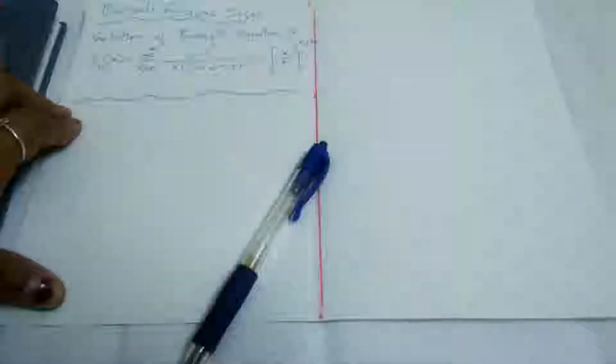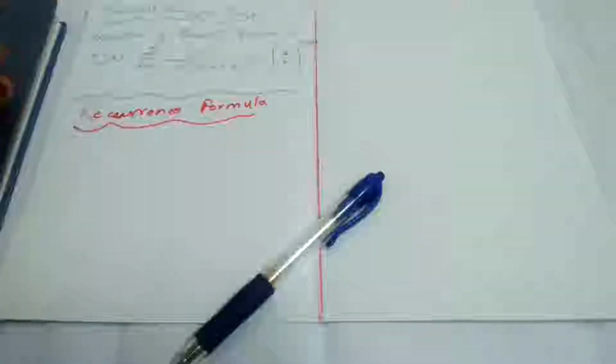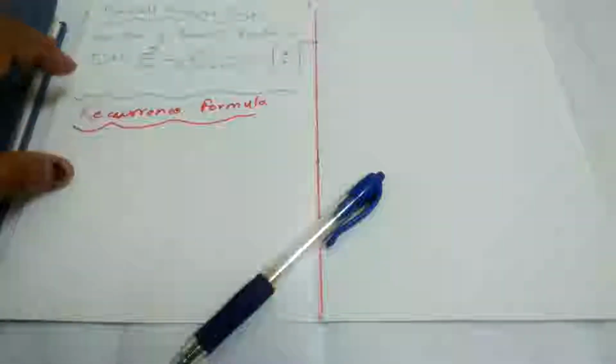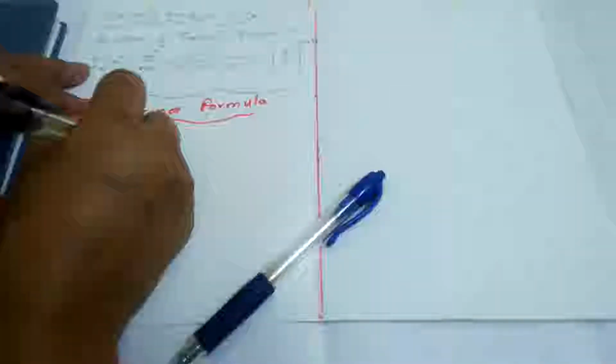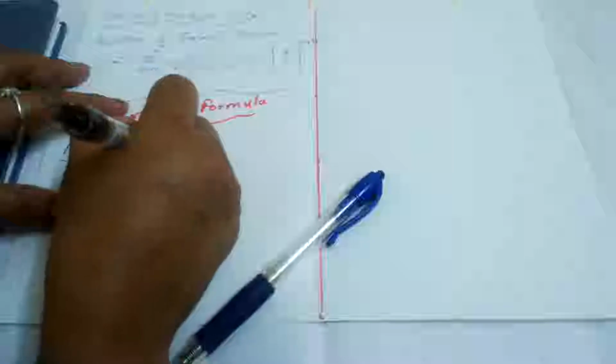So now we are going to start the derivations for the recurrence formulas. You can call them recurrence relations also. So we are going to start with formula 1, and we will derive how we are getting these formulas.